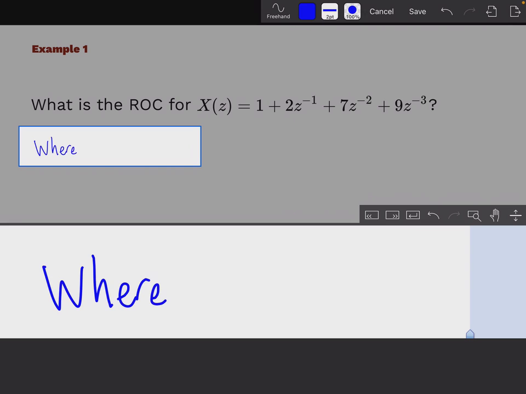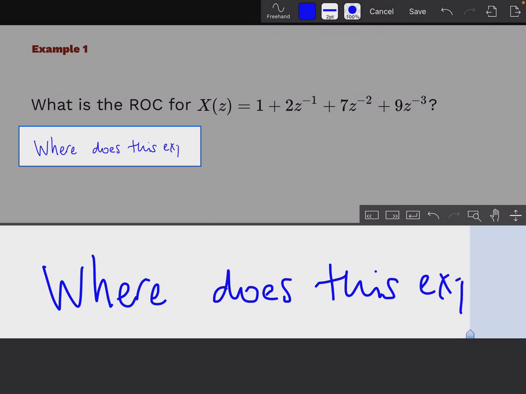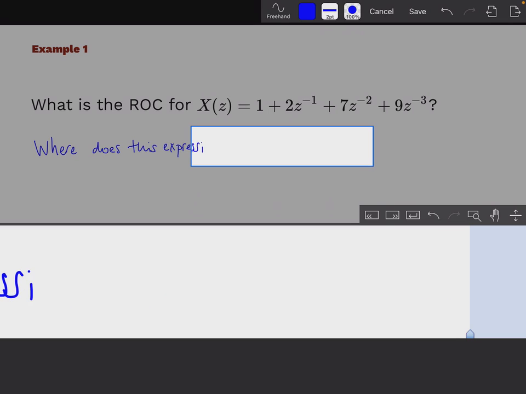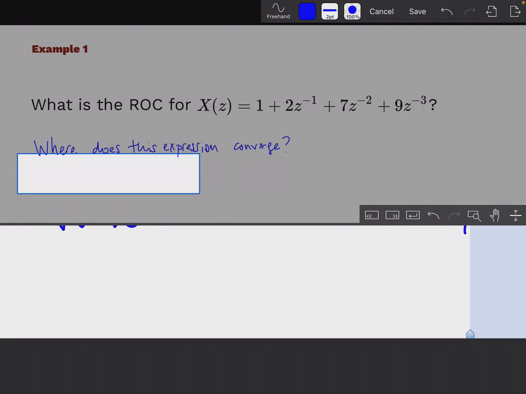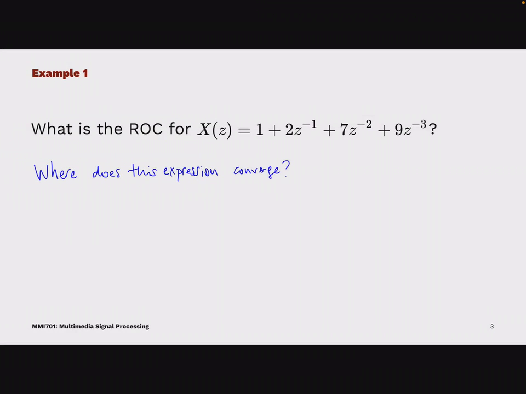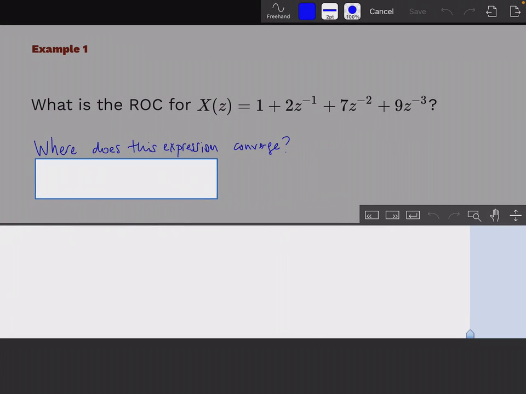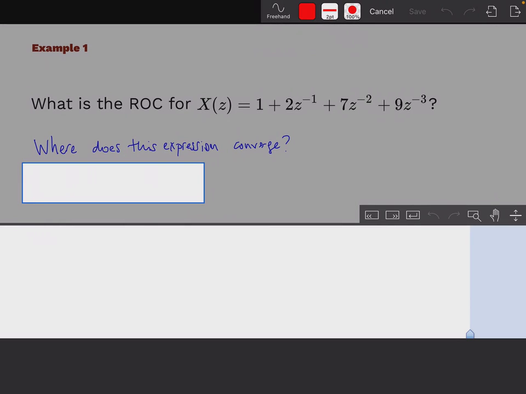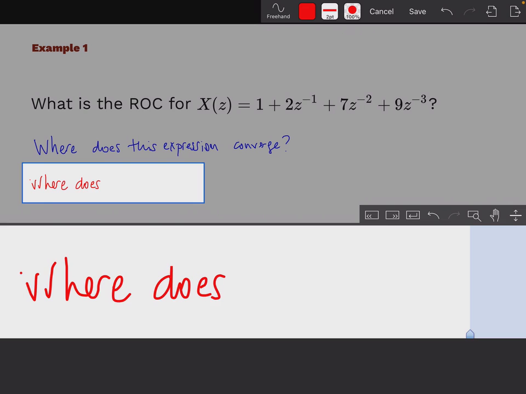Where does this expression converge? Or alternatively, where does it diverge?